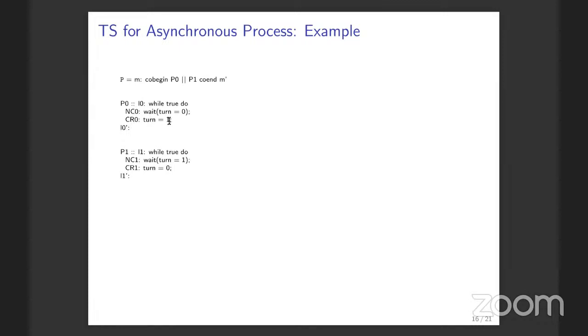Therefore, I'm setting turn equal to 1. So you're right, the answer to your question is yes, you have to do it at the end of the critical section, but because there's only one statement, your critical region is one statement. So I'm just entering it and then immediately leaving it by changing the value of turn.